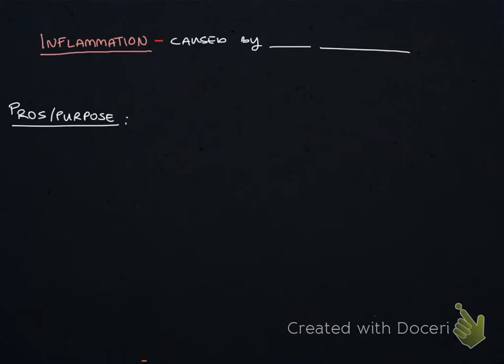So let's start off by talking about inflammation. What are the main strategies for the innate immune system? So inflammation is caused by inflammatory chemical cytokines.